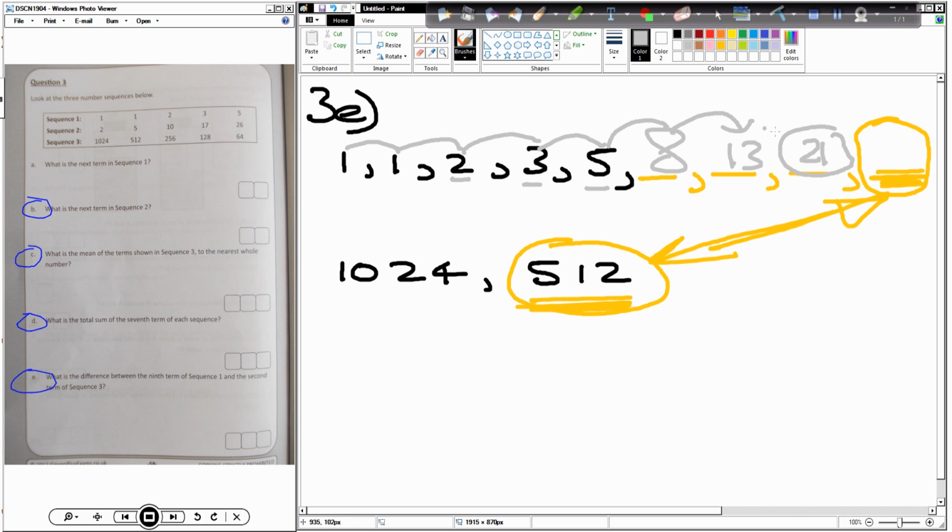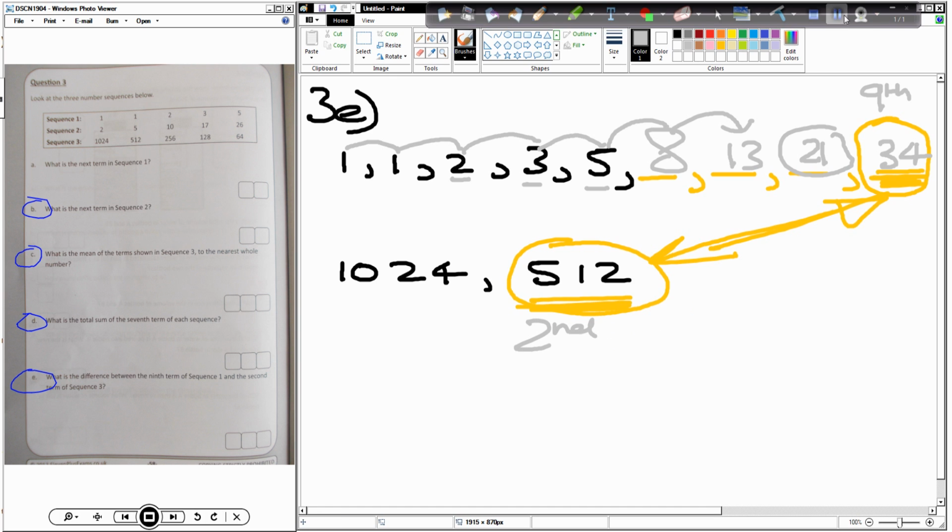Okay, and then we have 21 add 13 is 34. And 1st, 2nd, 3rd, 4th, 5th, 6th, 7th, 8th, 9th. So that's the 9th term, isn't it? Sequence 1. So that's the 9th term, and this is the 2nd term of sequence 3.